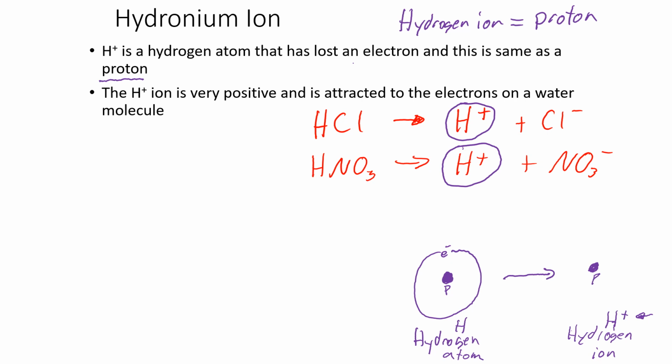You'll see those words interchanged quite a bit. We'll say the hydrogen ion is reacting with this, or the concentration of hydrogen ions is this. And we could also say the proton is reacting with this, or the concentration of protons or hydrogen ions is this. So a hydrogen ion is a proton.